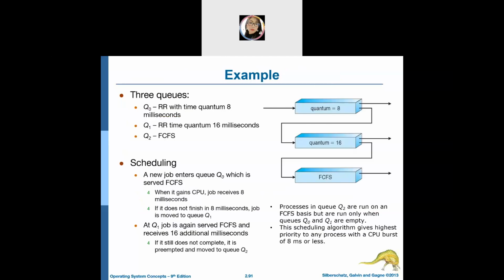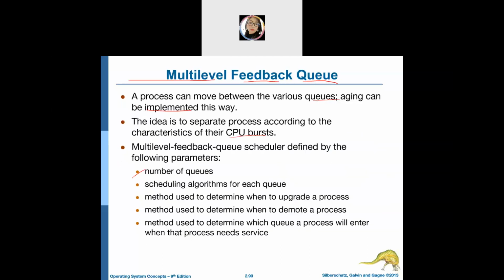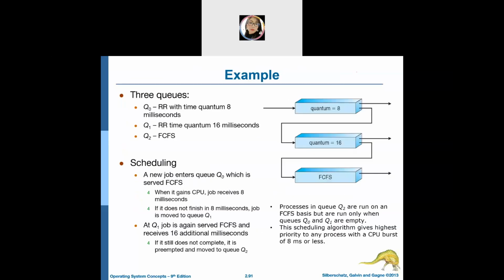Okay, you have an example here for the multi-level feedback queue. It is quite similar to when you had several queues last time. Last time we looked into only 2 queues, high priority and low priority, right? But let's say here we have 3 queues, Q0, Q1, Q2.